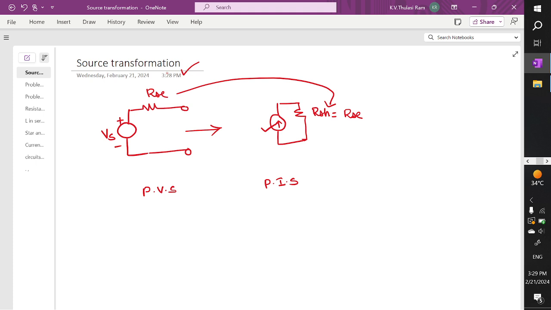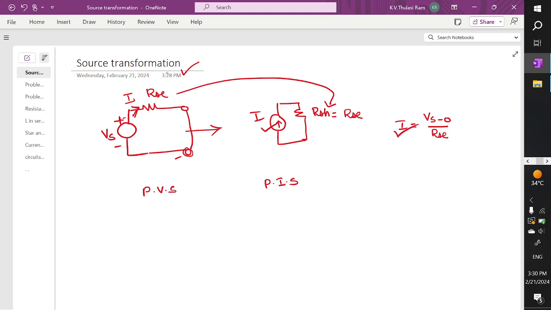And how do we find this current? We want to find the current in this branch. In order to do that, I'm short circuiting this end and writing down the current I. The current leaving the terminal is Vs minus 0 divided by the branch resistance, which is R series.